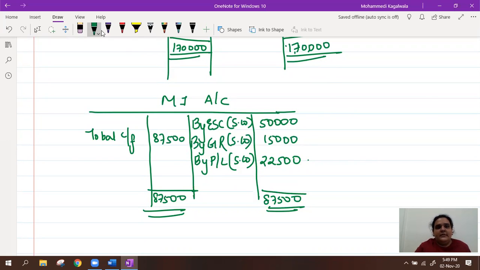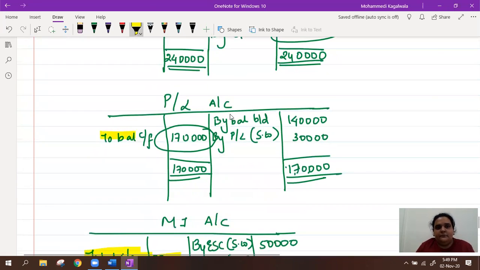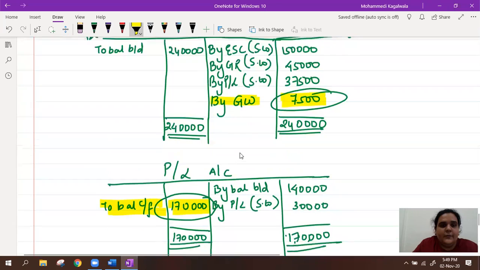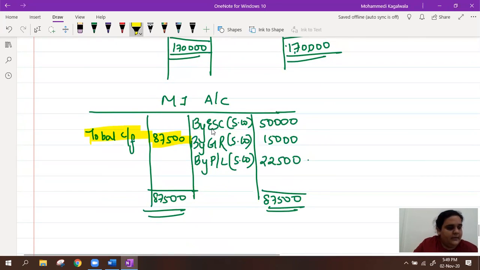Okay, so now all this I'm going to take in my consolidated balance sheet, and rest all the other items I will add. ठीक है यहाँ तक? Goodwill, P&L and minority interest तीनों भी.